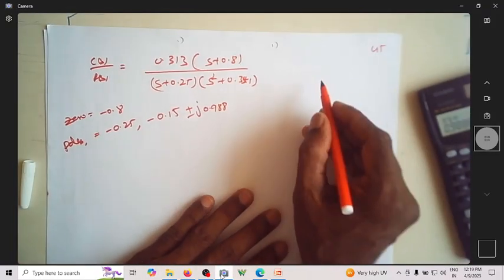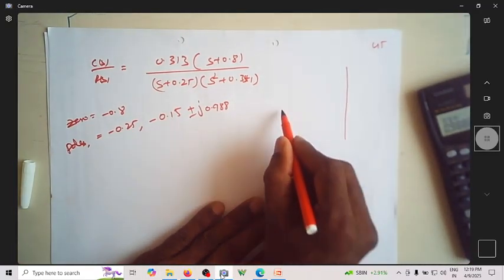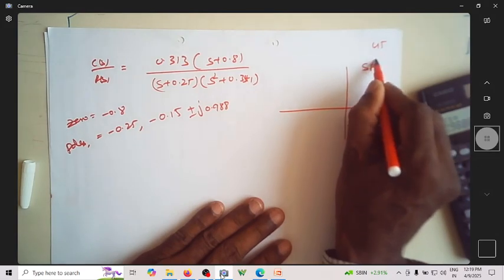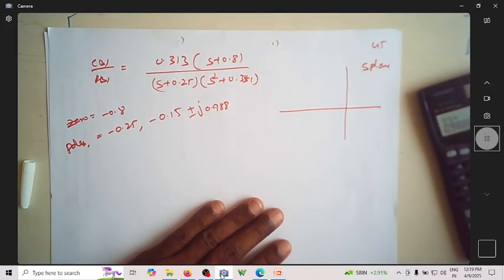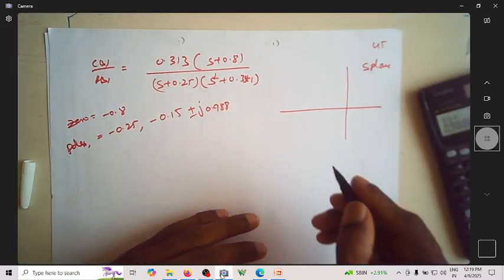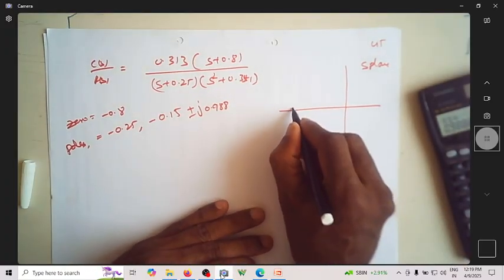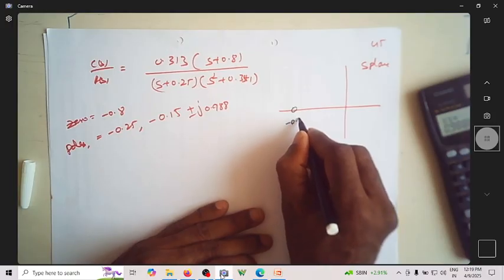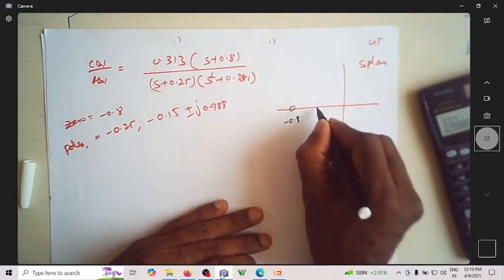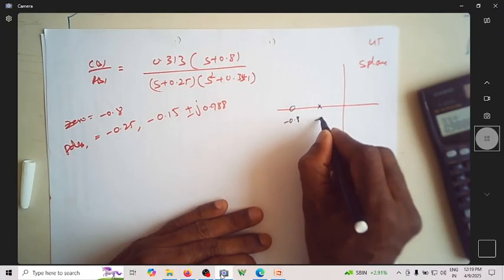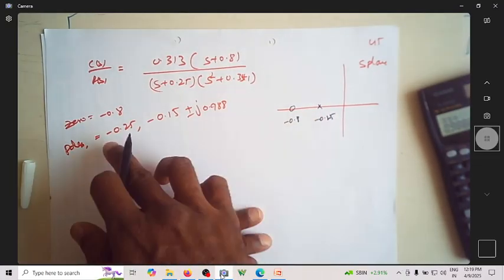So where are the poles and zeros on the s plane? The zero is at minus 0.8, the pole is at minus 0.25 on the real axis.